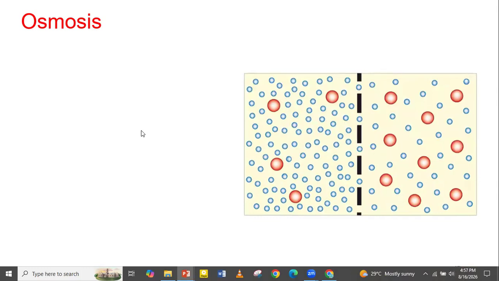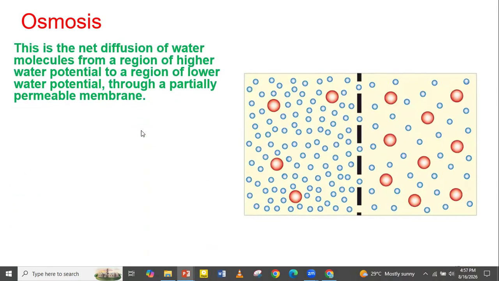When you look at the definition of osmosis, we can define it as the net diffusion of water molecules. It's a special kind of diffusion. Why? Because we are still looking at water molecules moving from where they are more to where they are less, just like in diffusion, where molecules move from the region of higher concentration to the region of lower concentration.